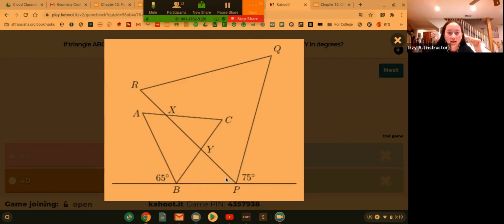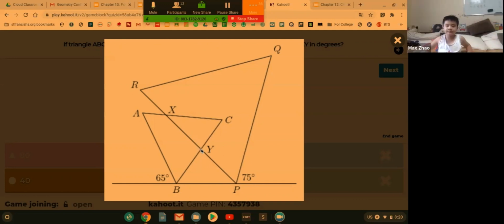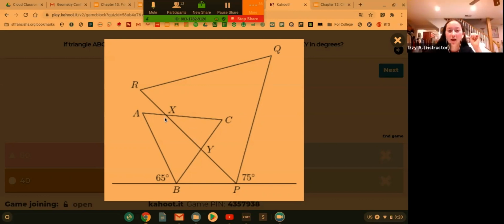So then you can find the angles YPB and YBP, and then this angle BYP is going to be a vertical angle of XYC. So then eventually you can find CXY.